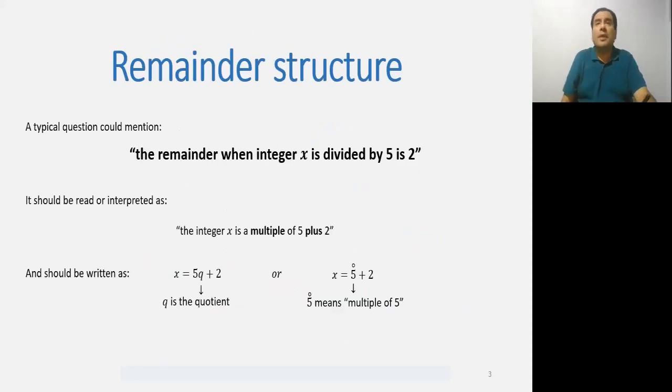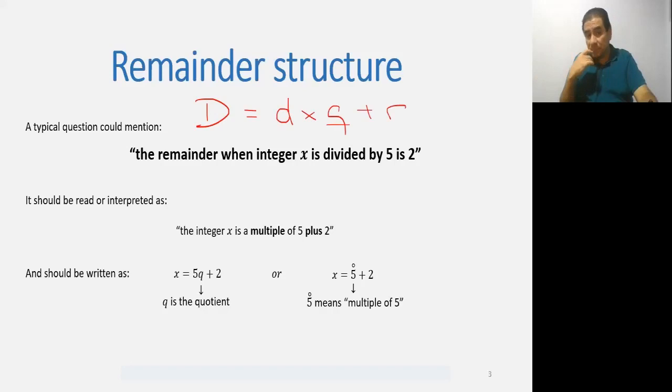Let's talk about the remainder structure. A typical question could mention: the remainder when integer x is divided by 5 is 2. How should we read or interpret this? Well, in the same way we do when we divide one number by another that isn't exactly a factor.